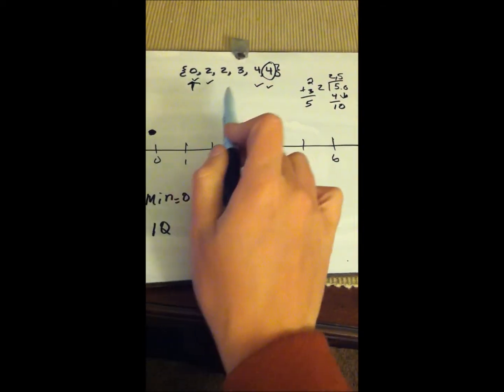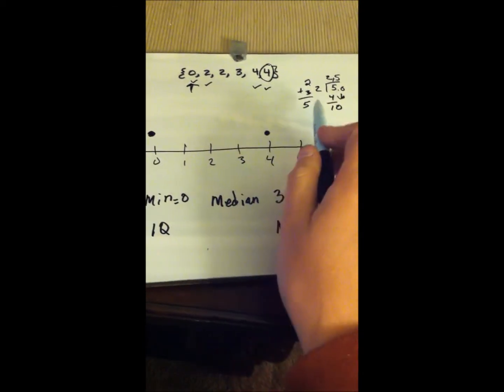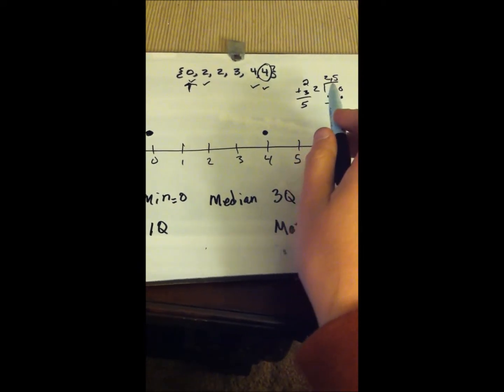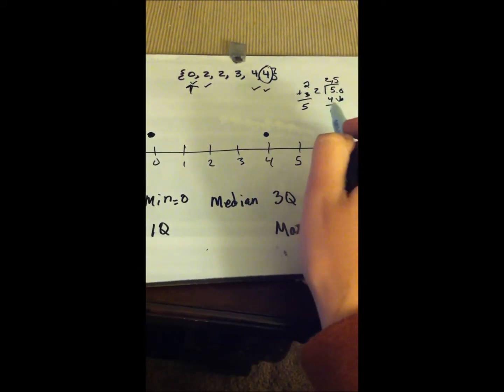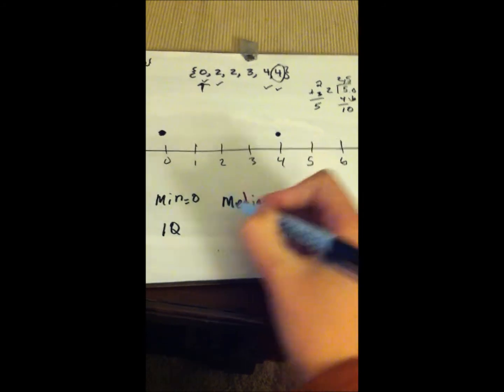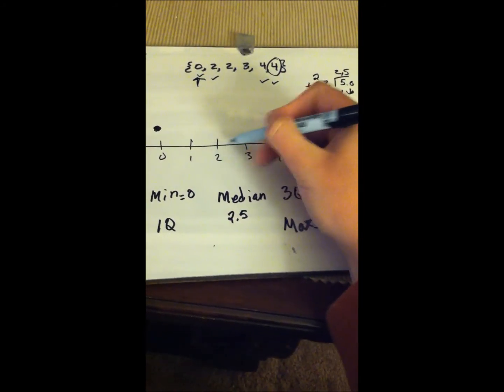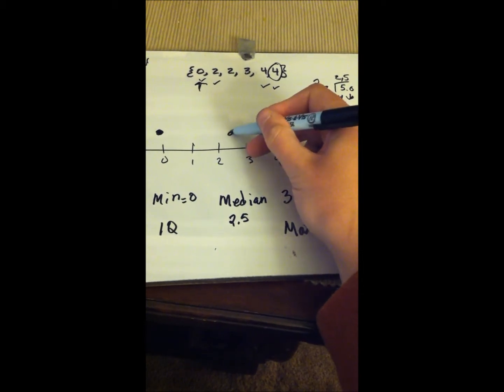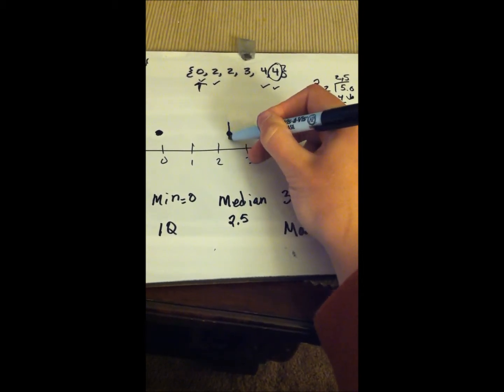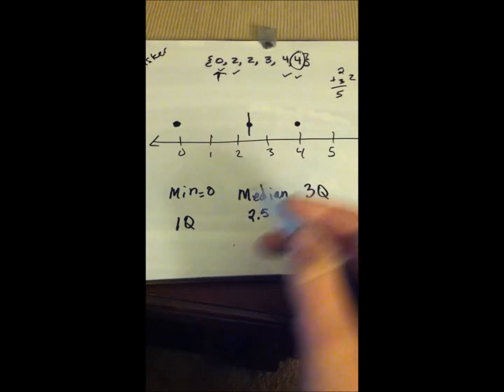Okay, so when I add up my 2 numbers in the middle, 2 and 3, I got 5. And then I divided by 2, and I got 2.5. So my median is 2.5. 2.5 is halfway between 2 and 3. I'm going to plot my median and start my box.